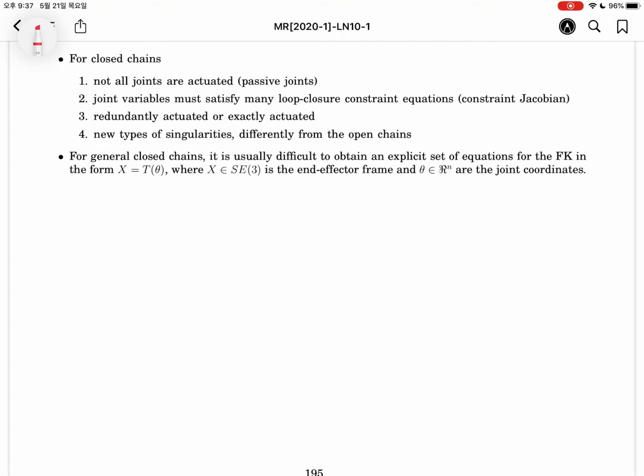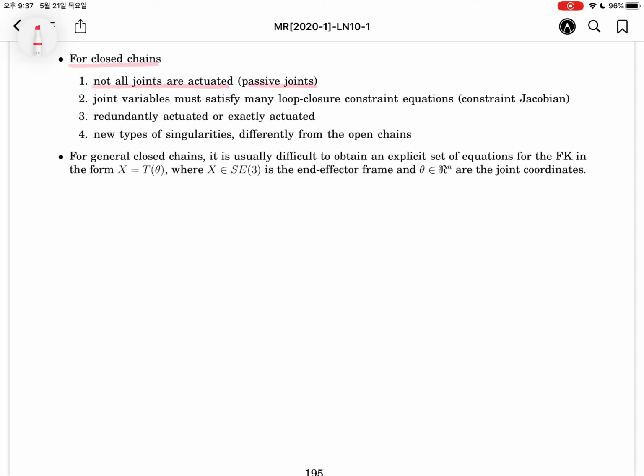Okay, let's review several properties of a closed chain. First, in a closed chain, not all joints are actuated. It means the mechanism has passive joints. They do not have any actuator.